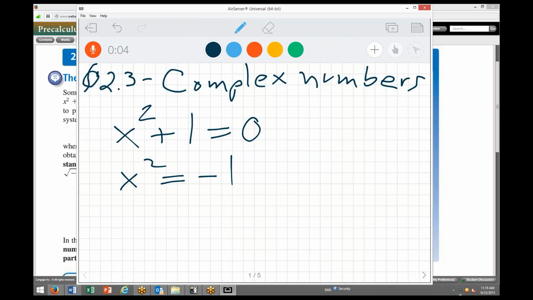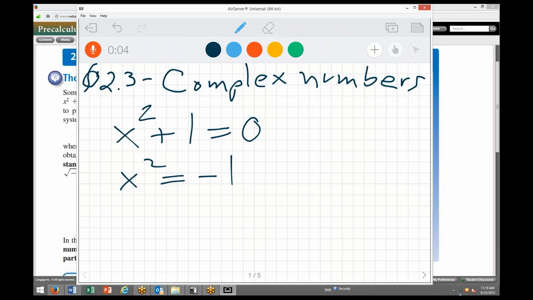They don't exist. So after many centuries of wrestling with this, mathematicians finally agreed, yeah, we need to deal with this situation and we need to have a new kind of number outside of the real numbers that we can use to solve problems like this.